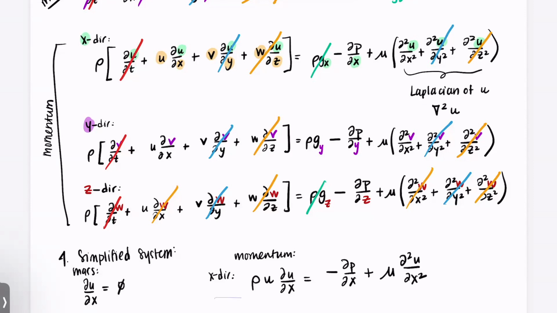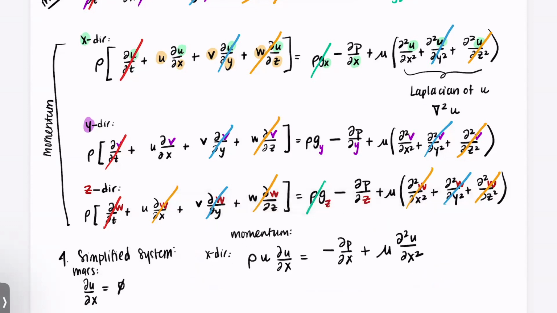I'm going to scooch this up a little bit so I have space. All right, in the y direction, I have rho u partial v partial x is equal to minus rho g. So gy is minus g, so I'm just substituting that in there. Minus partial p partial y plus mu partial squared v partial x squared.